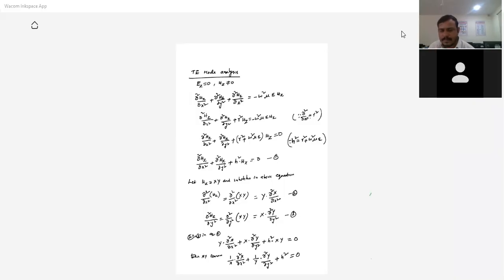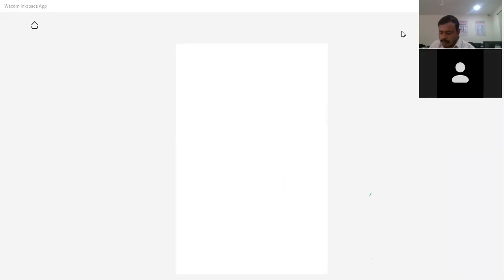Then let us assume this 1 by X into del square X by del x square is minus b square, and 1 by Y into del square Y by del y square is equal to minus a square.